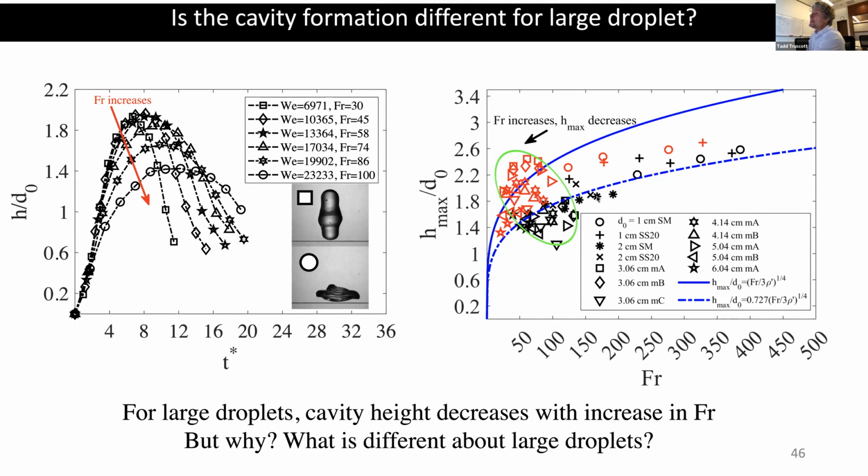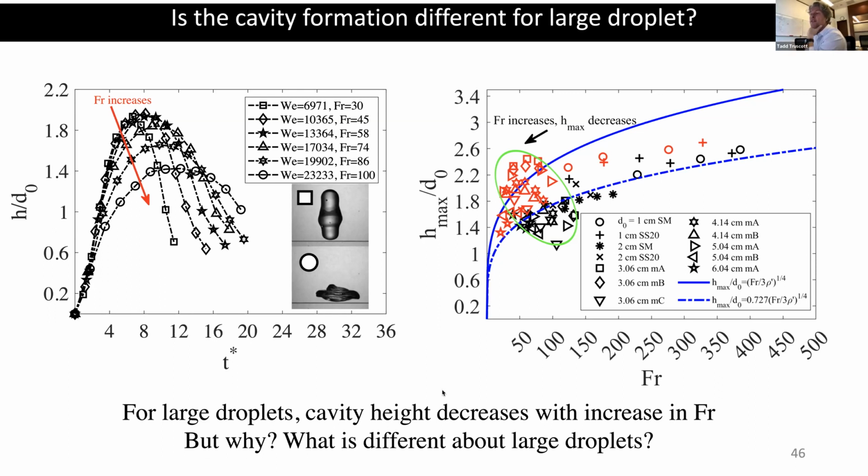These droplets out here are near the capillary length, and they fit quite well with what Leo showed in their work. However, as the Froude increases because of diameter, notice that we move over into this region. So these cases over here are the largest droplets, and they don't behave like we would have expected them to on the plot. So for large droplets, cavity height decreases with increasing Froude numbers.